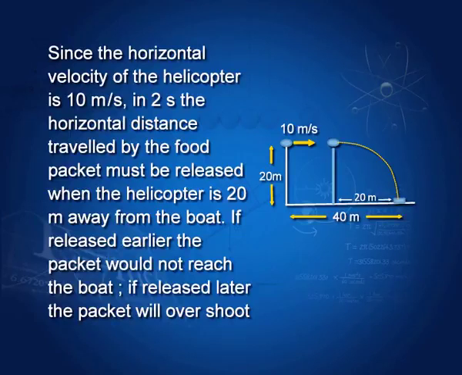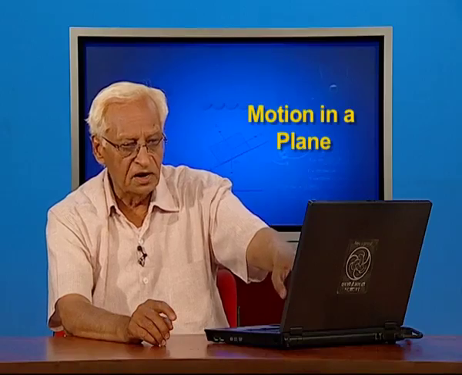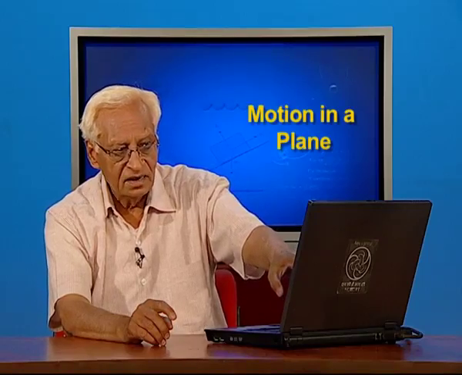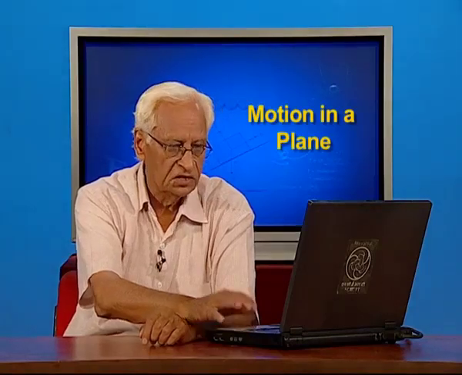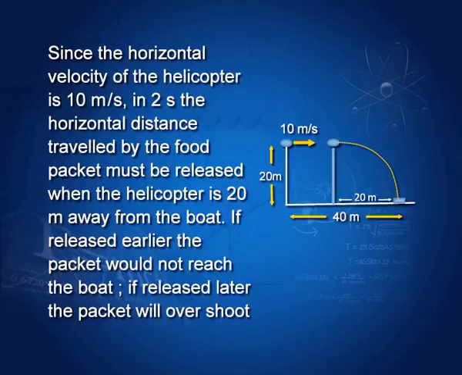So, if the helicopter releases here, what will happen? The packet would fall here. If the helicopter releases here, then the superposition of the vertical motion and the horizontal motion would be such that the packet falls in the boat itself. This is very important for the pilot of the helicopter to know.